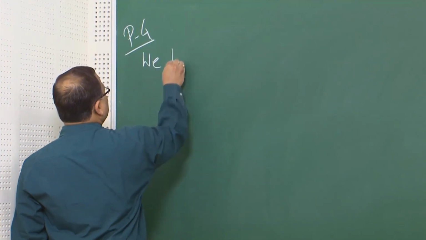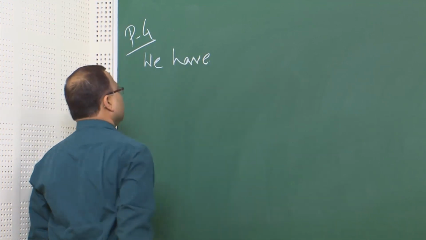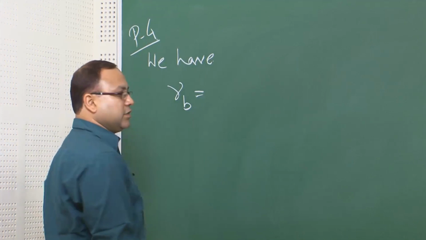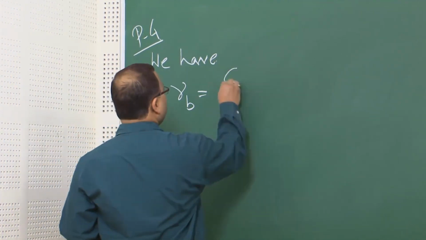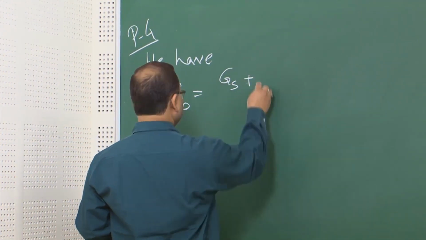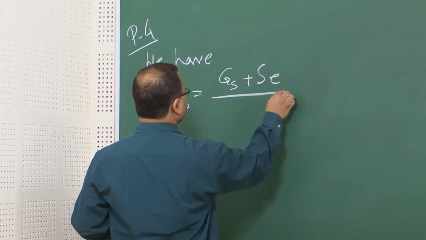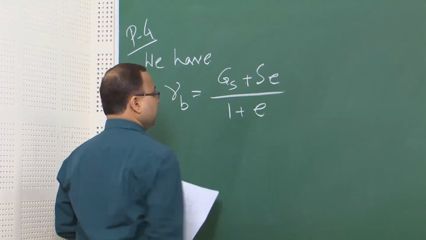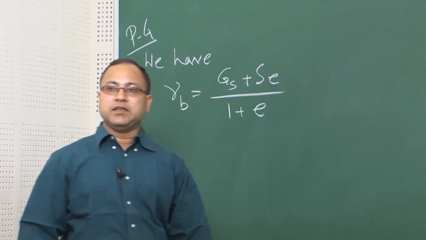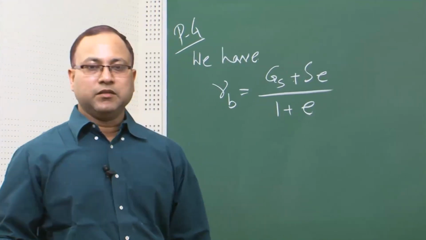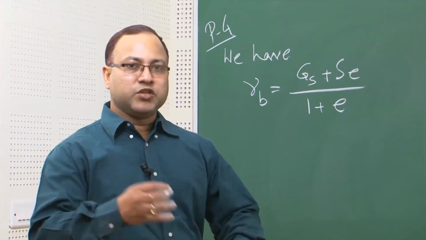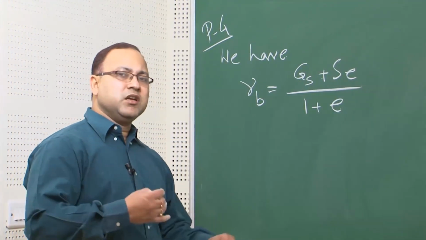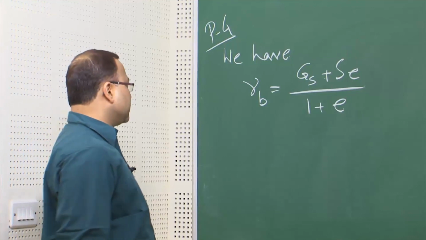Now, from the definition of the different parameters, the bulk unit weight gamma B is given by (Gs plus S into e), that is the degree of saturation multiplied by the void ratio, divided by 1 plus e, into gamma W. Again you can establish that, we are not going into that detail. You can establish the relation among all the parameters.